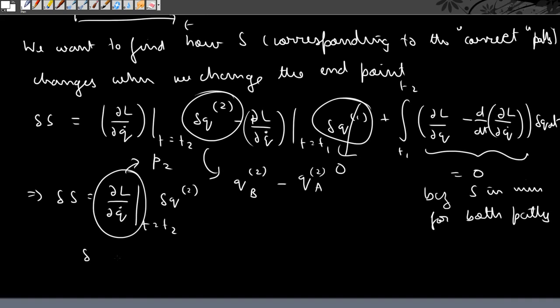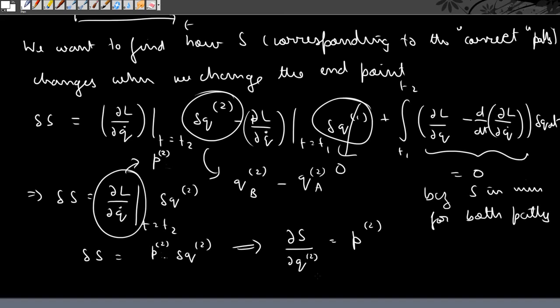So finally we have del s is equal to p2 times del q of 2. So from this we get that dou s by dou q of 2 is equal to p of 2.